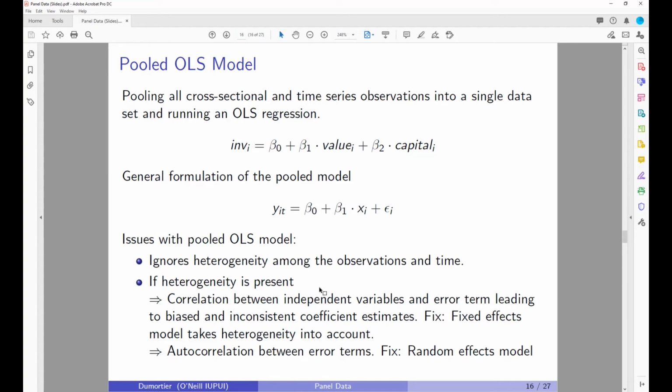The problem with this pooled OLS model is that it ignores heterogeneity among the individual firms and also across time. To fix this problem, we are going to estimate a panel data model that is either called a fixed effects panel data model or a random effects panel data model.